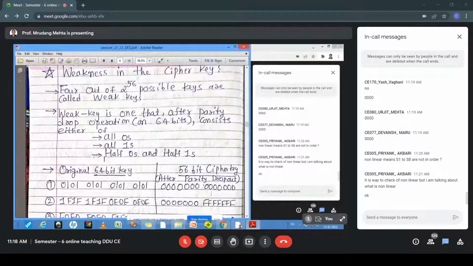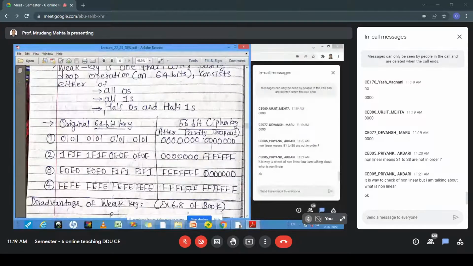Because a weak key is one, after the parity drop operation, okay, we have a 64-bit cipher key that is generating a 56-bit key, so we are dropping 8 bits, which consist of either all zeros, all ones, or half zeros and half ones.